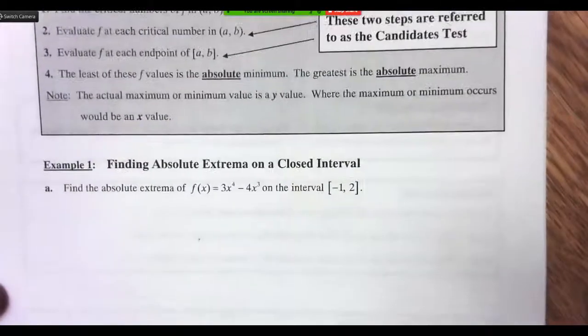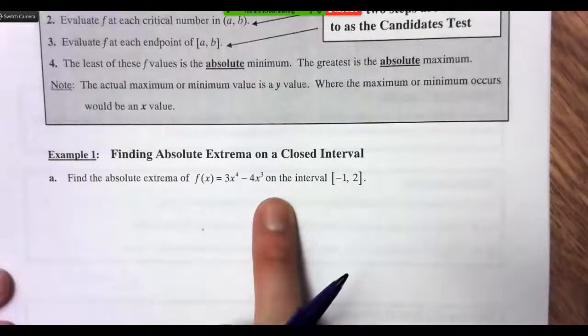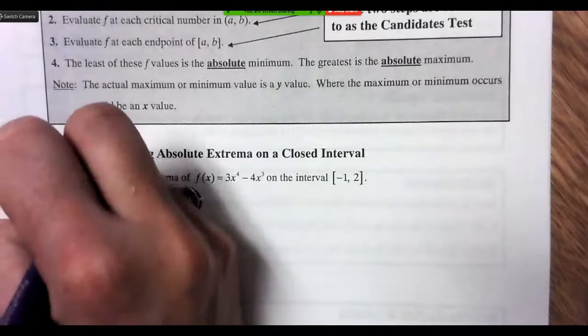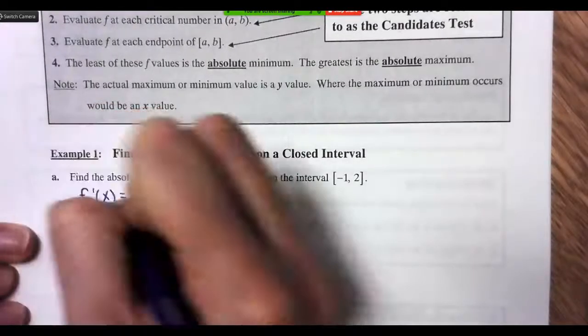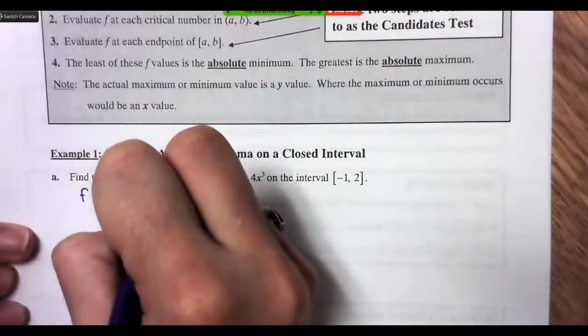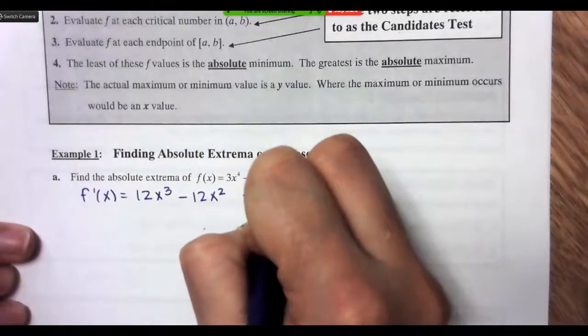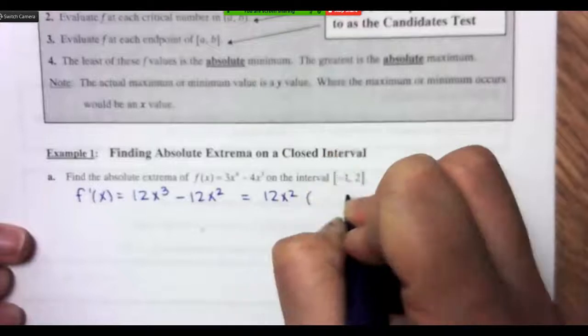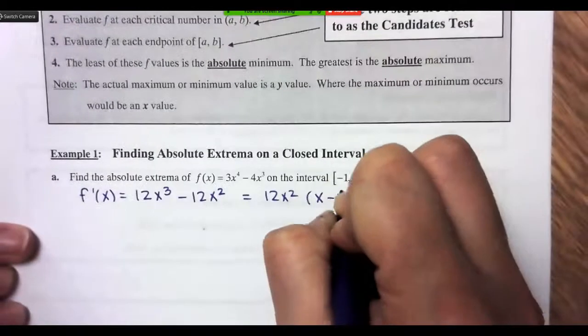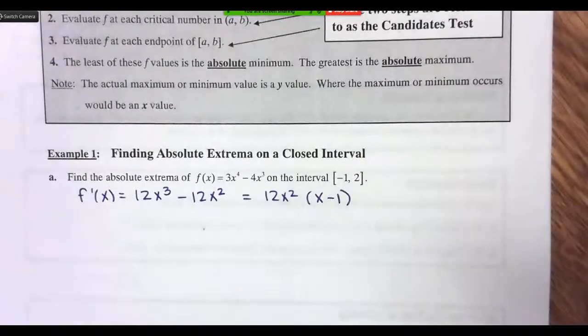So now when I look at example A, I have to find f prime of x. So I have f prime of x equals 12x cubed minus 12x squared.